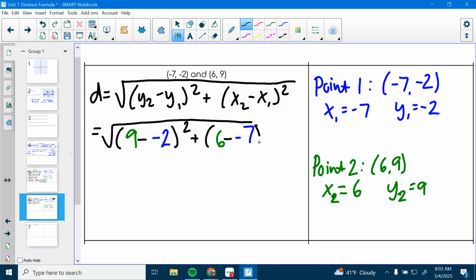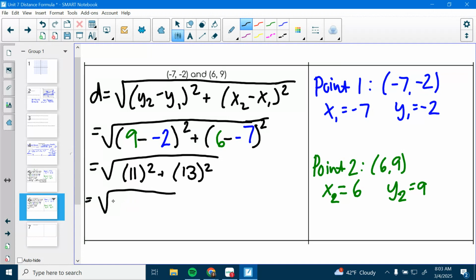So we get to work with our negatives today. 9 minus -2. Well, minus a negative is the same as adding. So 9 minus -2 is 11 squared. 6 minus a -7, or getting rid of negativeness, makes things more positive. So I get 13 squared.